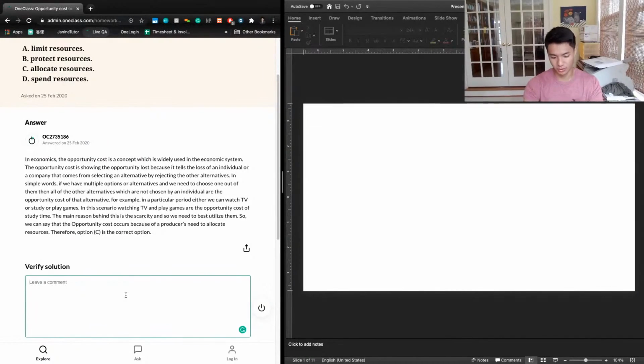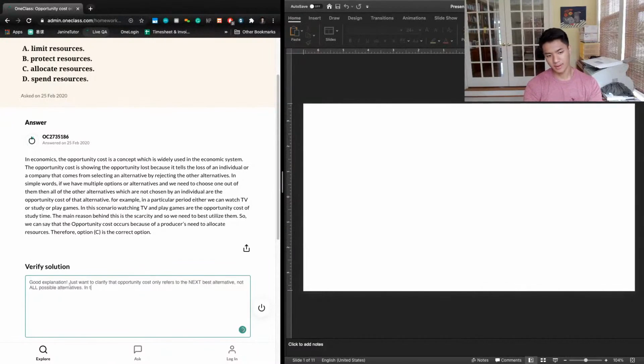So let's clarify that really quickly. Good explanation. Just want to clarify that opportunity cost only refers to the next best alternative, not all possible alternatives.